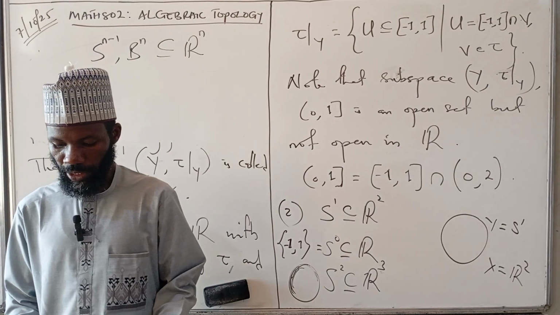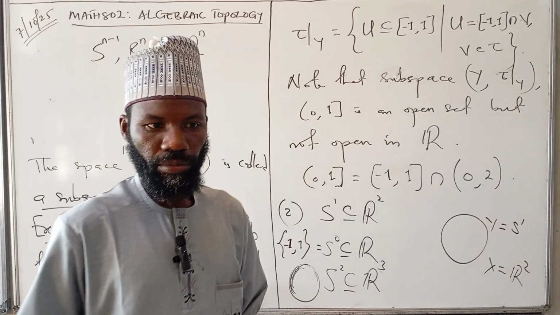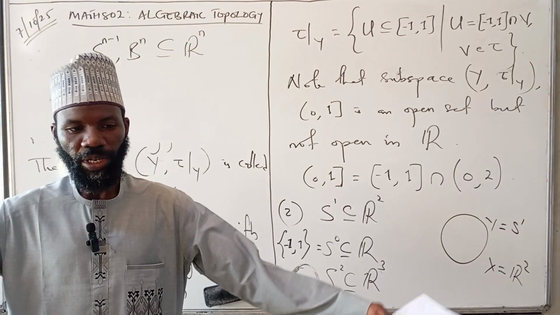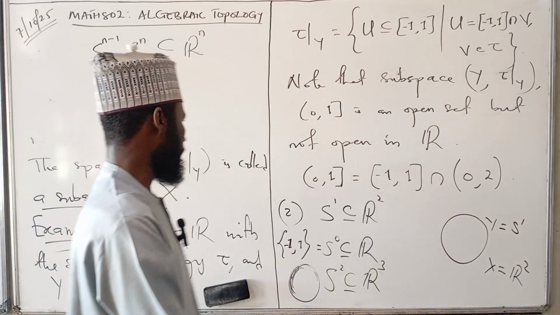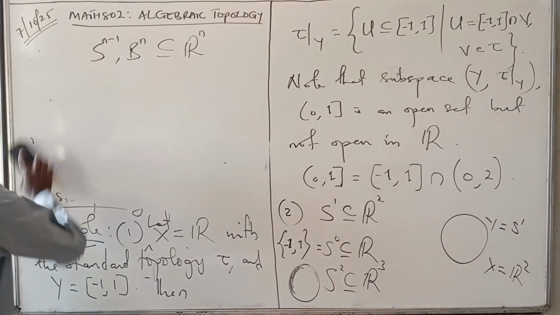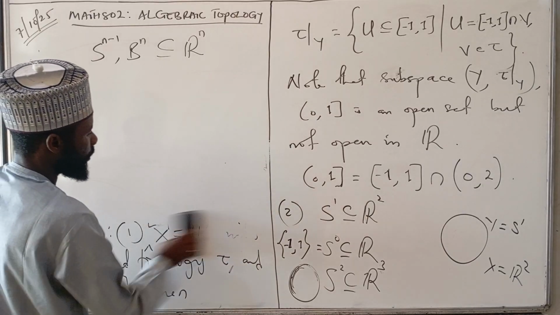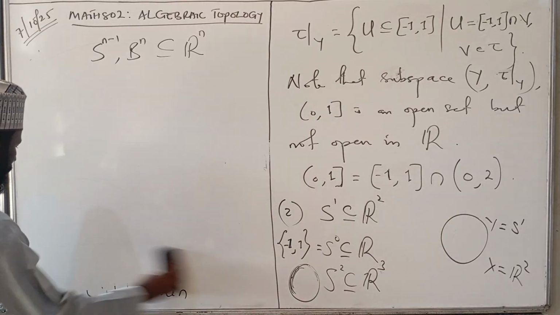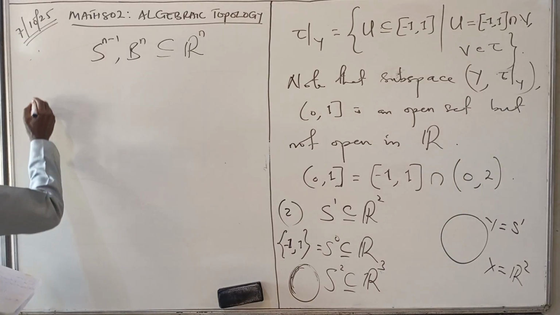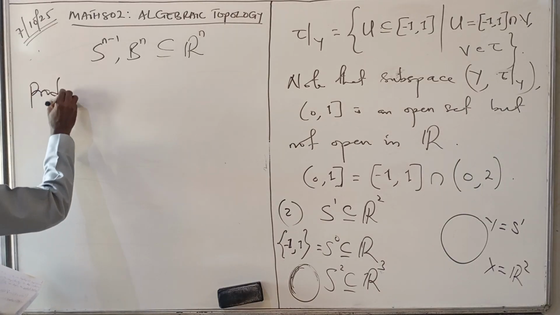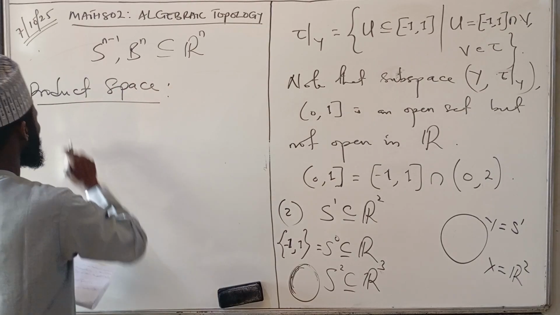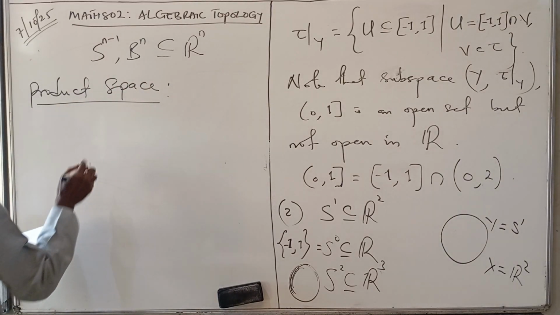But then when you have two spaces, you can combine them together, or a number of spaces. It doesn't have to be just two spaces. So many spaces you can have and combine them together to produce a new space, like the product space, product topology. Product space, like product topological spaces.